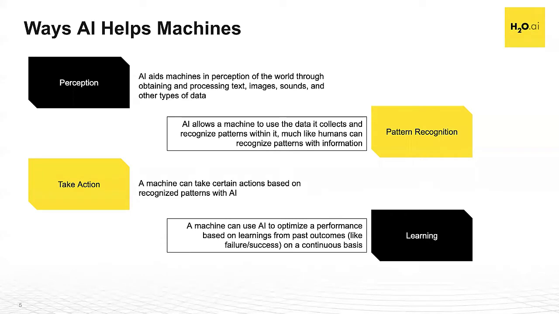And then the last is learning. So basically, using AI to help optimize performance based on failure or success on a continuous basis. A lot of problems that you might have come across or may come across will focus on how we optimize this problem specifically.